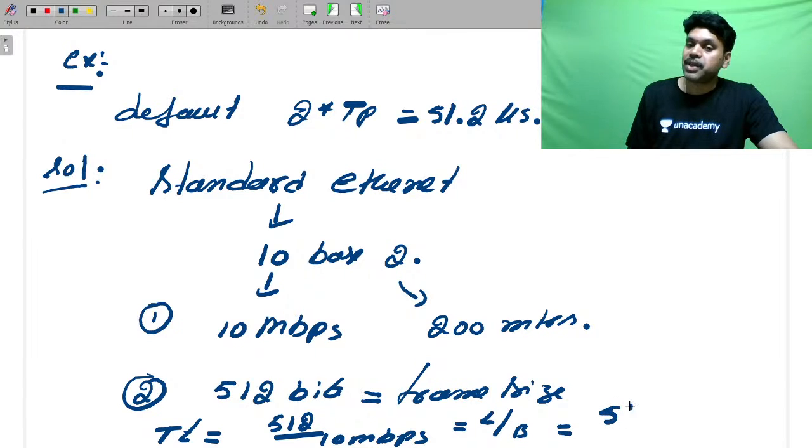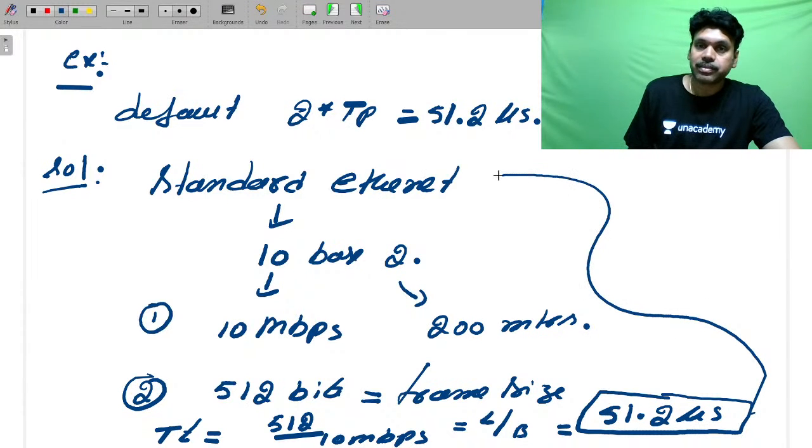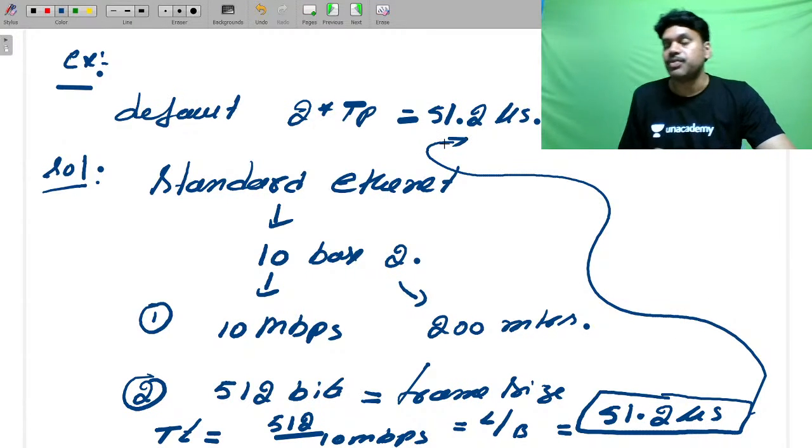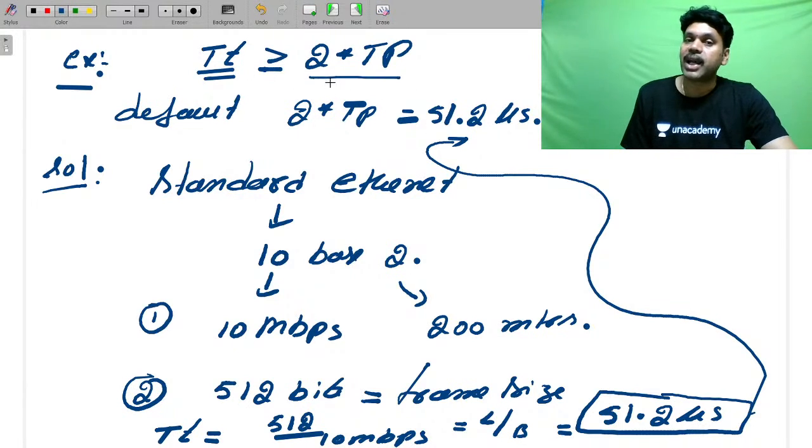So it is 51.2 microseconds. This is how we got the basic Ethernet 51.2 microseconds. Why? Because we have the equation: your TT is equal to 2 into TP. That's why I calculated TT here as 51.2 and I am assigning it to 2 into TP.